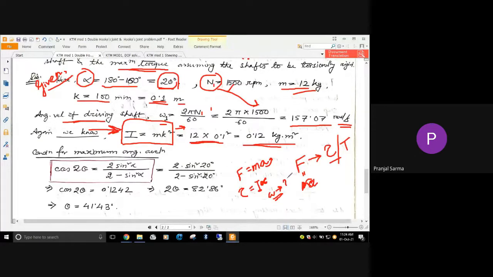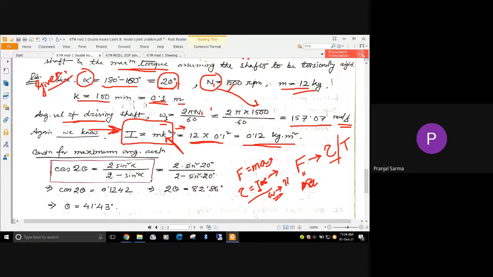Yes, correct, that is angular velocity. This is angular acceleration. And just like F equal to ma is valid for linear motion, here tau equal to or T equal to I alpha. That's why ultimately that is required, that's why we are finding out this I alpha. Okay, so that is the case.